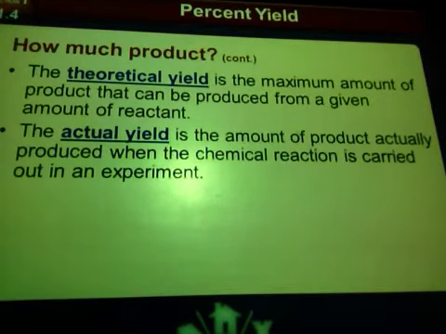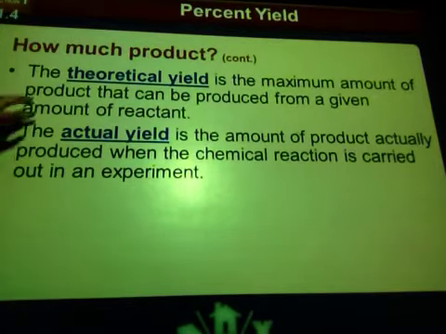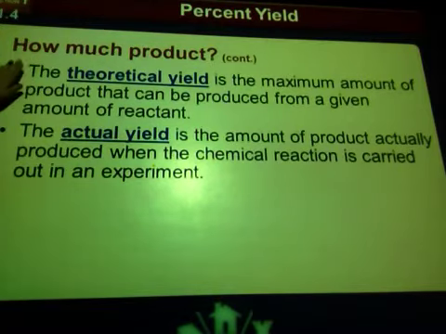But stuff happens. Sometimes we get some product on the sides of our beakers. Sometimes we can't get all of the product out of a little well plate. And all of those things factor into how much product I'm going to get. So if I were an awesome chemist and nothing ever went wrong, I would always get the maximum amount of product every time.